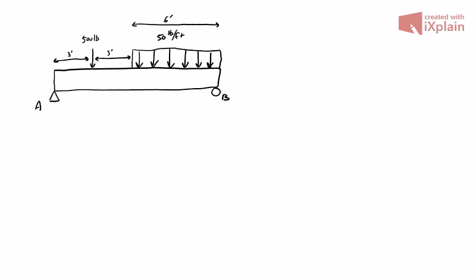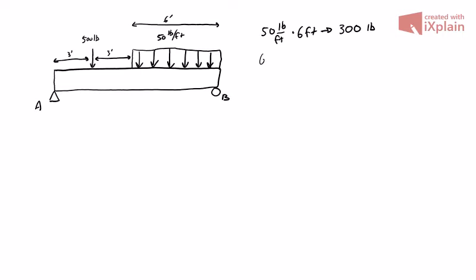All right, so the first thing we're going to need to do when solving for the reaction forces is come up with an equivalent point load for the distributed 50 pounds per foot load. It is possible to do this problem leaving it as a distributed load, however, it requires some calculus, which I'm sure we're not all super excited to do. So if the load is 50 pounds per foot, and it is 6 feet long, then the total force is 300 pounds.